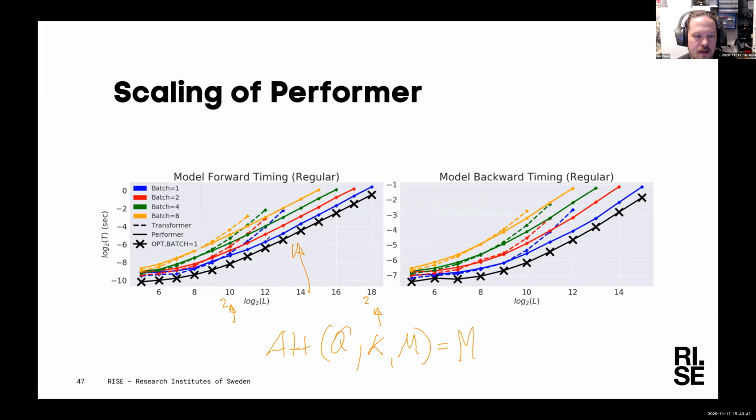We can see that the different batch sizes for the Performer scale at the same rate as this identity method, while these dashed lines, the regular transformers, start increasing at a different rate. This is a log plot, and this rate corresponds to increasing quadratically, while these ones increase linearly.